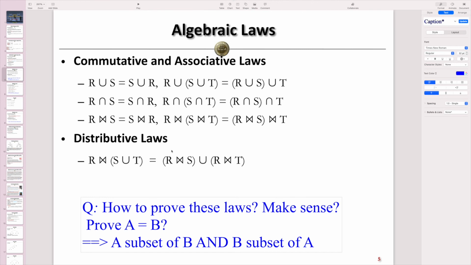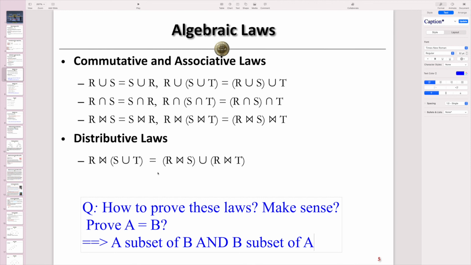As for the distributive laws, it will be more complicated, right? We have A equal to this part, and B is this part. We just need to show that R join S union T is a subset of the right hand side, and at the same time, the right hand side is a subset of the left hand side as well. And then we can show they are equal to each other, right?